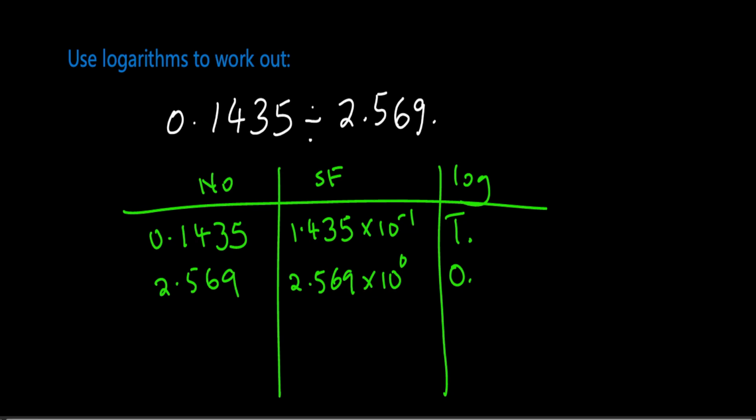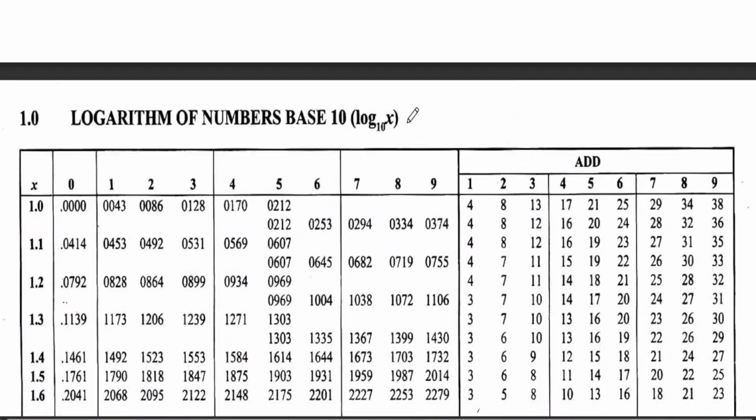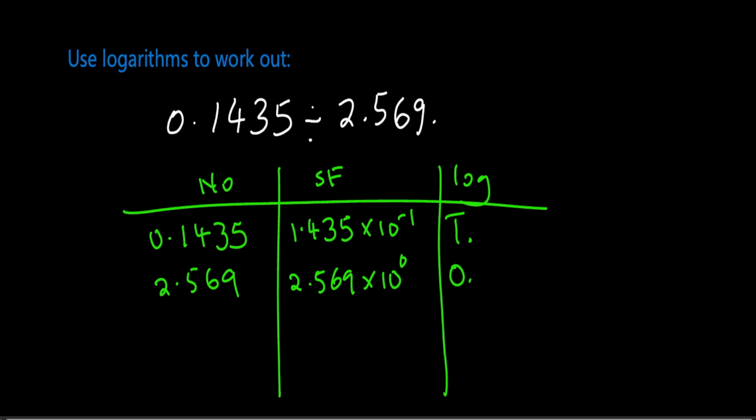Now let's start searching for the log of 1.435. So the log is going to be 1.43 and 5. So it's going to be 1553 add 15, which is going to give you 1568.